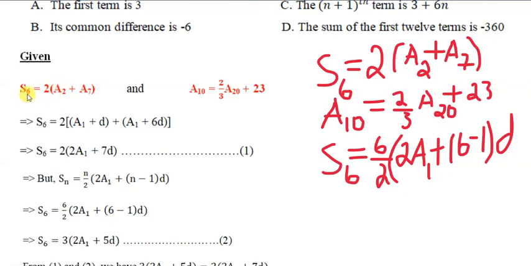Here S6 is equal to 2 times A2 plus A7. A2, the second term in an arithmetic progression, is obtained by adding the common difference to the first term: A1 plus d.